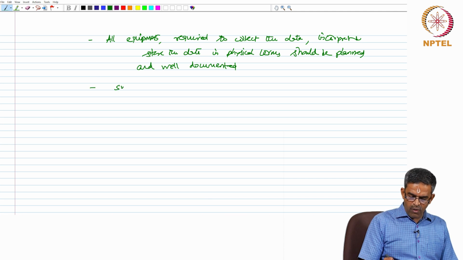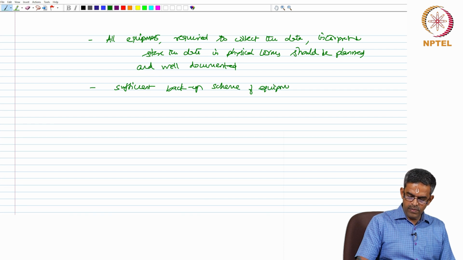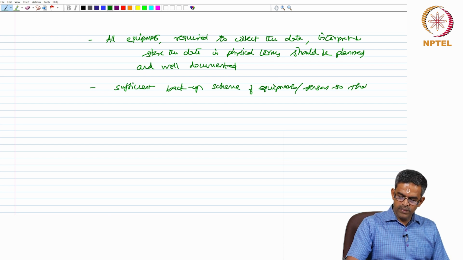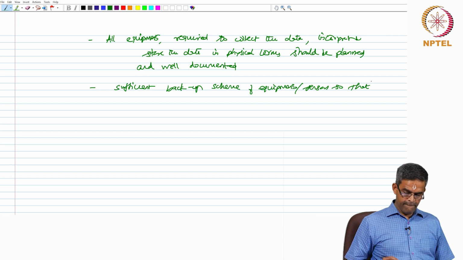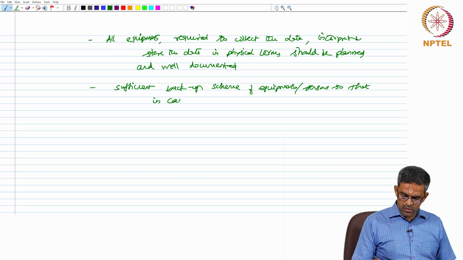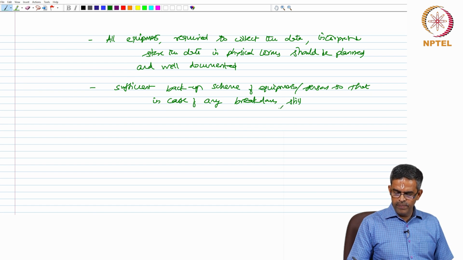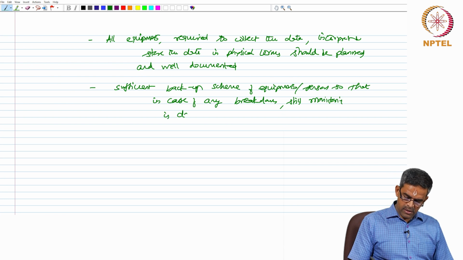One should also plan for sufficient backup scheme of equipments and sensors, so that in case of any breakdown, still monitoring is done continuously.